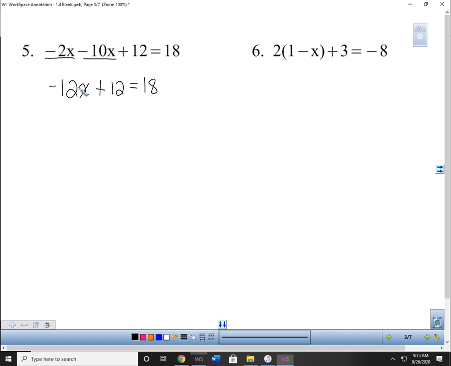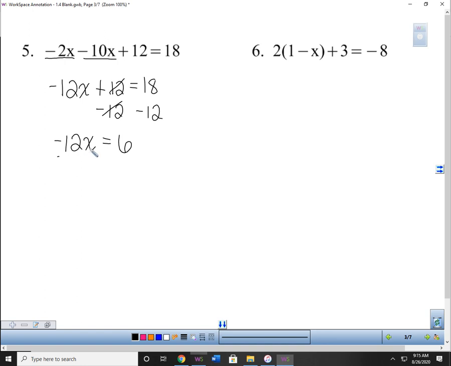Now I can solve. So I look at the x, I notice I am multiplying it by negative 12, and I'm also adding 12 to it. So I'll undo the adding first. So I will subtract. Over here they cancel, and I get negative 12x equals 18 minus 12, which gives me 6.